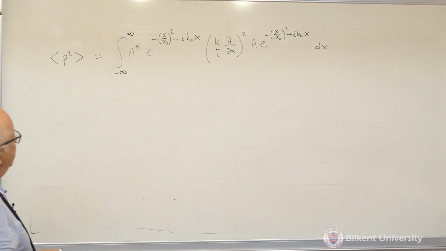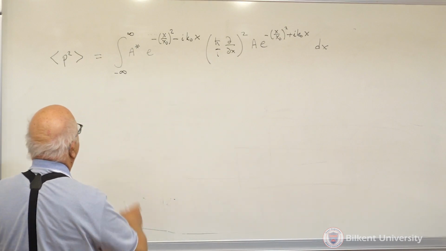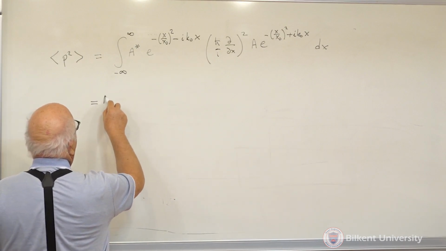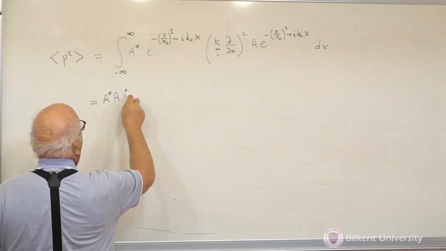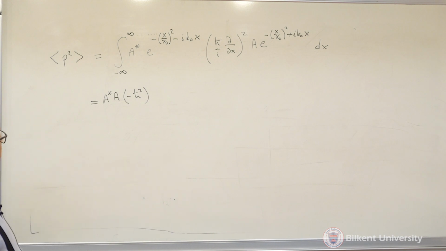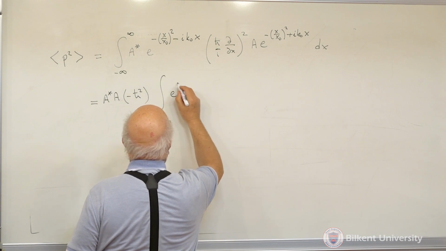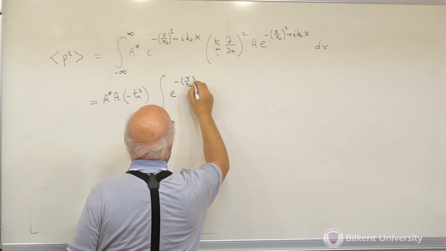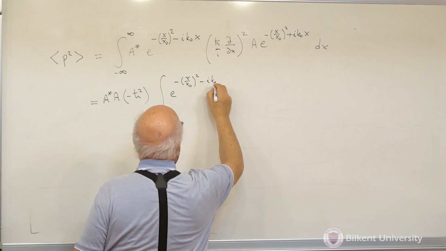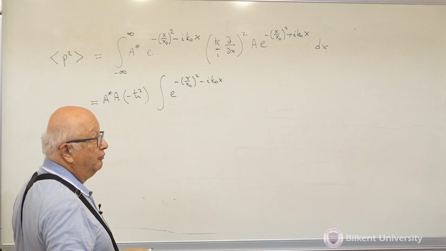All right, so now I'm going to get the square of this, so let me pull out some constants, a star a and a minus h bar squared. And then I have the second derivative of that function, so we'll have to evaluate some derivatives. Let me write this piece, minus (x over x0) squared minus i k0 x. Now, two derivatives of this object.